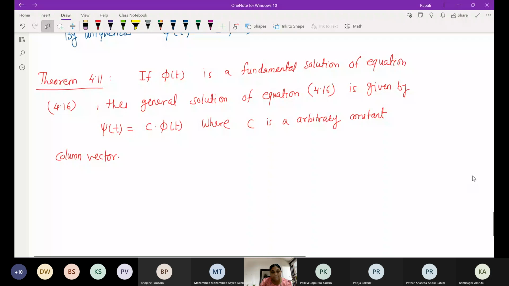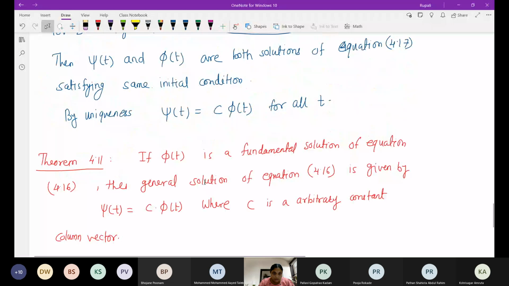Are you there? Yes, ma'am. So for today, this much is enough. Tomorrow we will see the variation of parameter formula for the system 4.15 non-homogeneous.